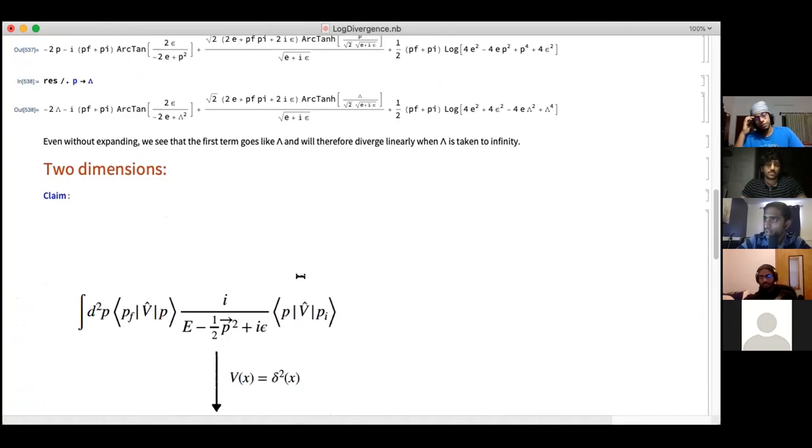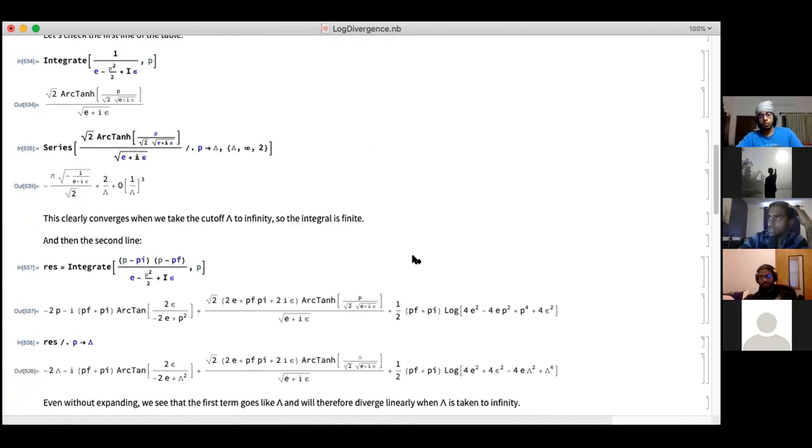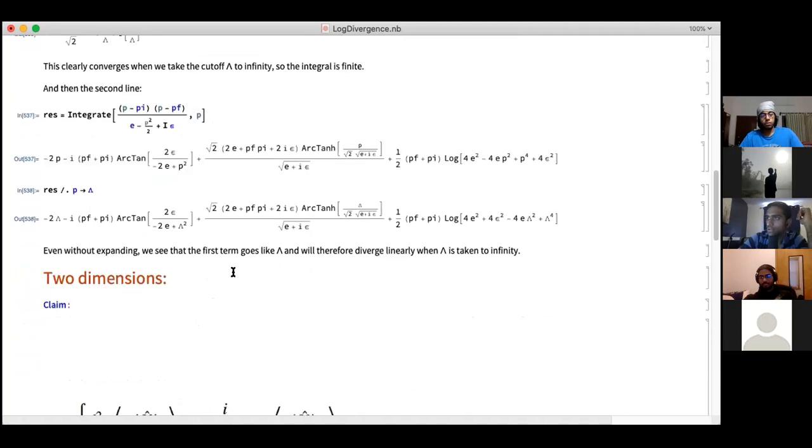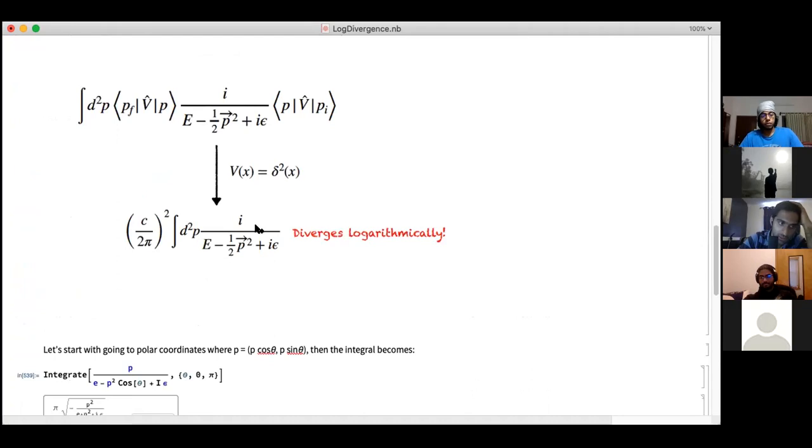Great. So now in 2 dimensions, when we had a 2-dimensional potential, we had a delta squared of x, and we were wondering what happened to this kind of term again. And there we see that we have a vector here, p squared, instead of just a scalar p, like we had in the 1-dimensional case.